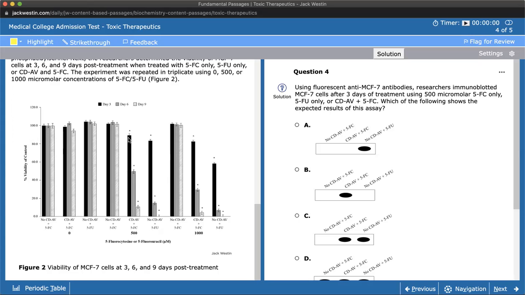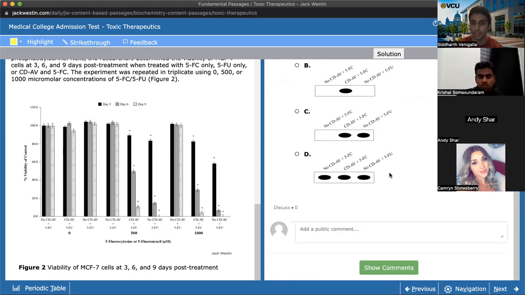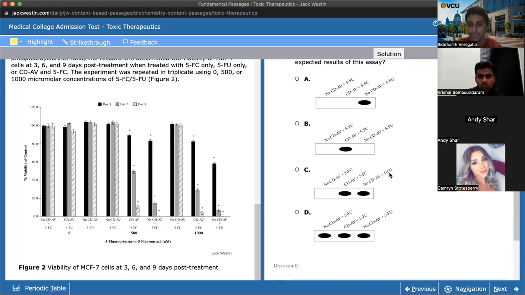So we would expect the band to show up there too, right? And for our 5-FU only condition, we have almost like 85% viability. So most of our MCF7 cells are still alive. So if the cells are mostly alive for all 3 conditions, what would you see? Oh, which one did you say? I think D. We should see all 3 of them plotting still. Exactly. Does that make sense to everyone?